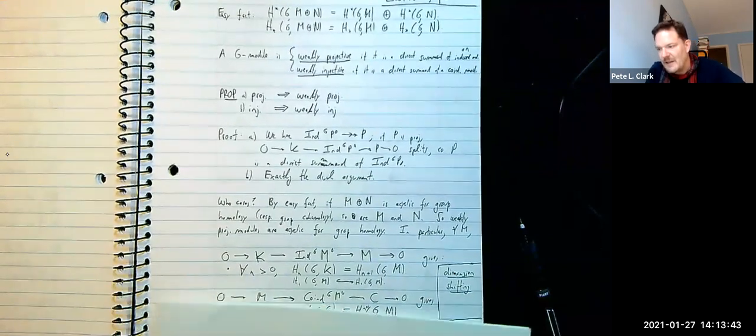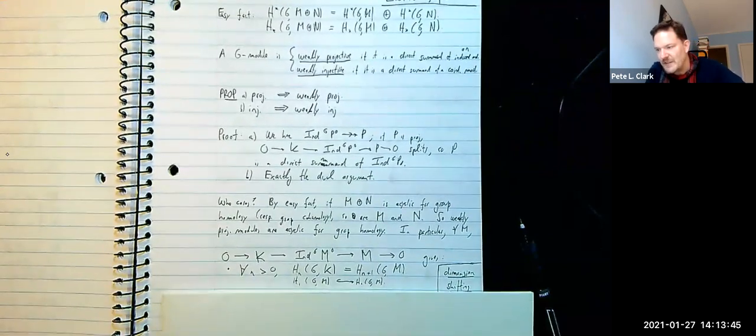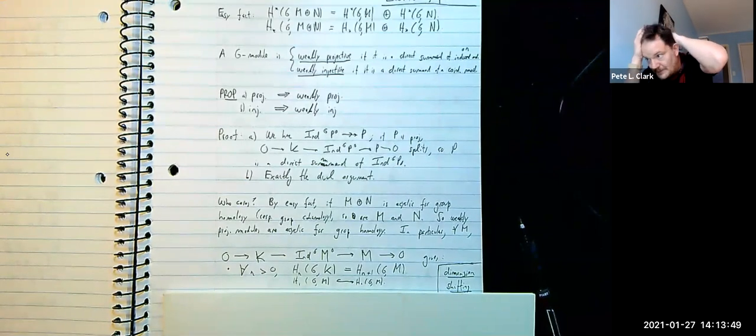So there's a very important consequence of this, which goes by the name dimension shifting. Let me do it in the induced case first. Weakly projective modules are acyclic for group homology. In particular, induced modules are acyclic for group cohomology.